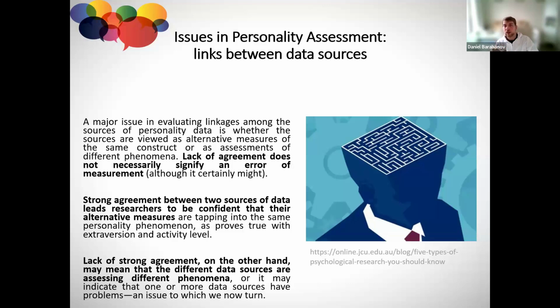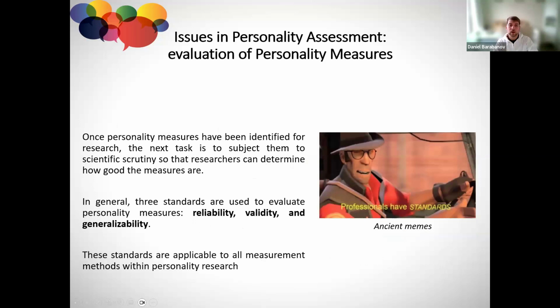Maybe the data we use assess not the same phenomena as we hypothesized, but rather different phenomena. So we, as researchers and practitioners, should always be very cautious when we get data from different sources and compare it on the matter of agreement between the sources of information.